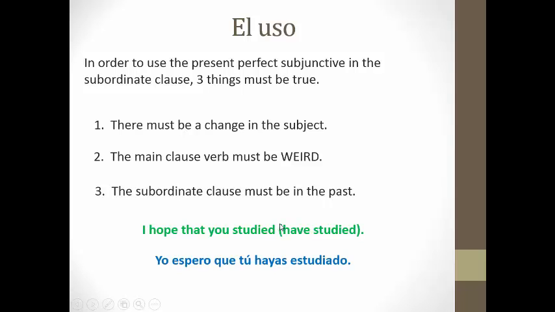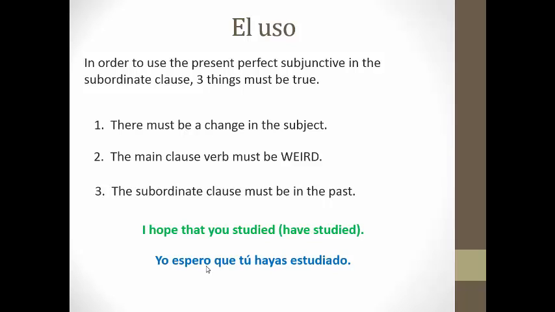Therefore I have to use present perfect subjunctive. So let's look at that. It says here in English, I hope that you have studied, or I hope that you studied. In Spanish, you would say, espero que tú hayas estudiado. Hopefully that makes sense for using the present perfect subjunctive.